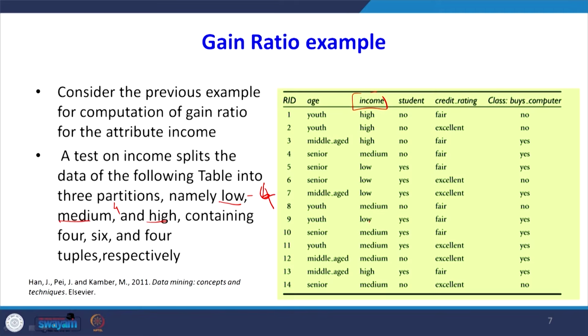In medium there are 6, 1, 2, 3, 4, 5, 6. In high there are 4, 1, 2, 3, 4. This example is taken from the book Data Mining: Concepts and Techniques.